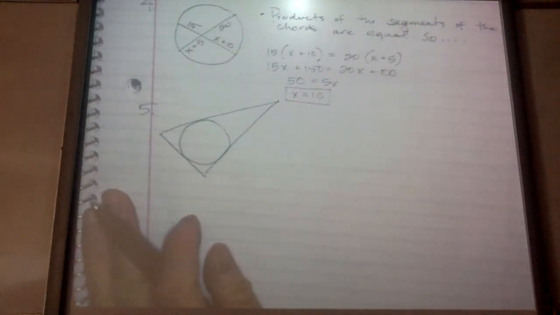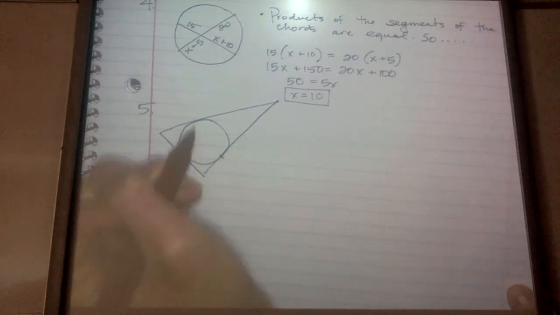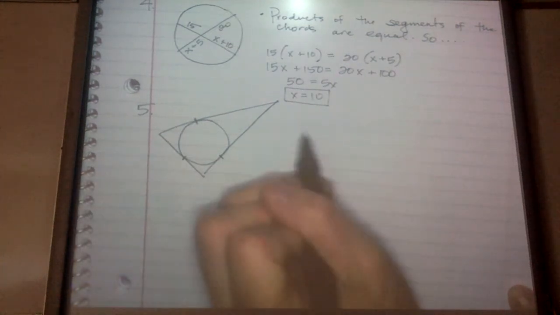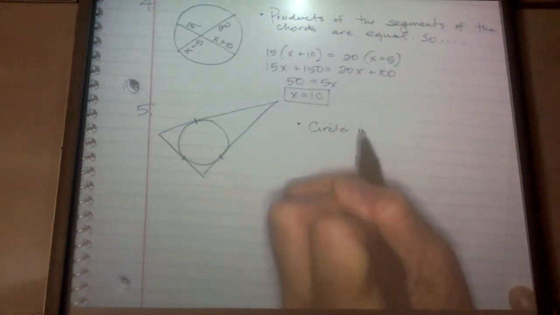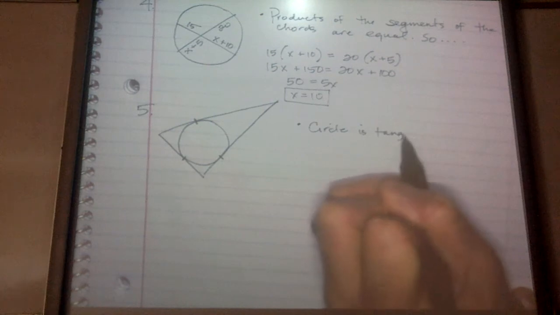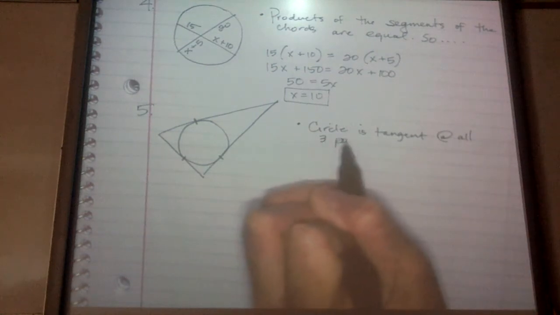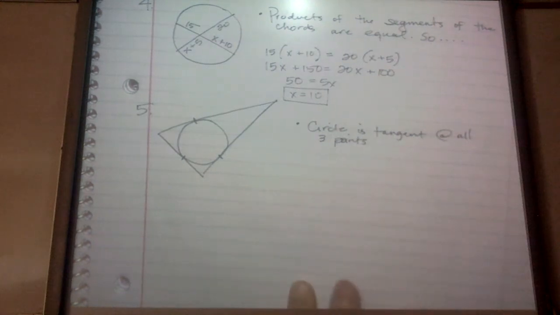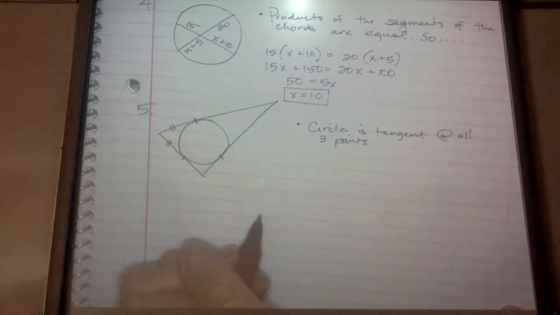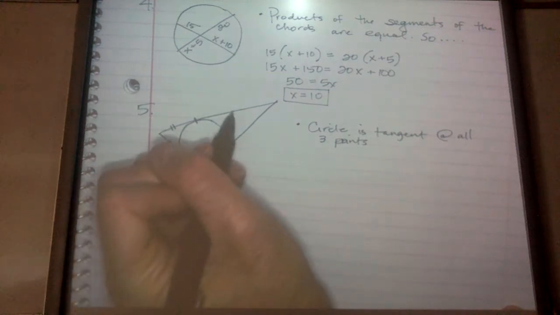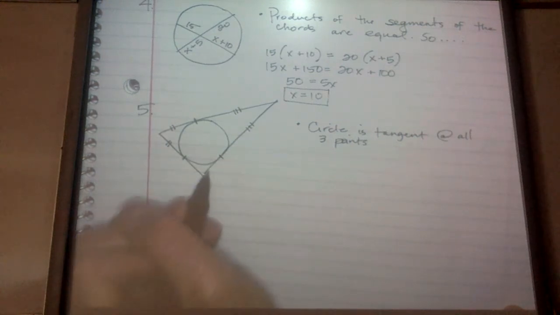All right, so when that is the case, I know that it's intersecting here, here, and here. Okay. The next property is a circle is tangent at all 3 points. Then the pieces must be congruent. So this piece must equal this piece, and this must equal this, and this.